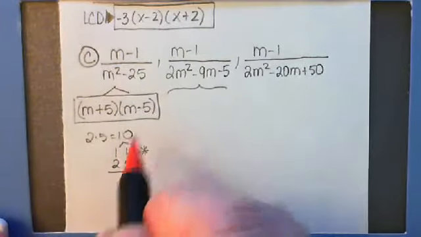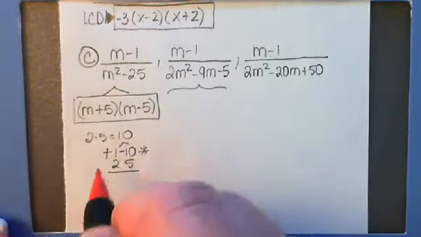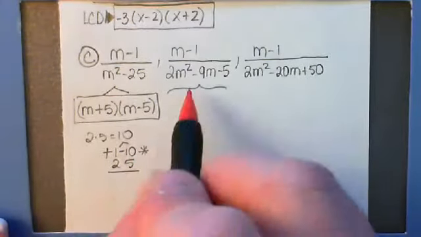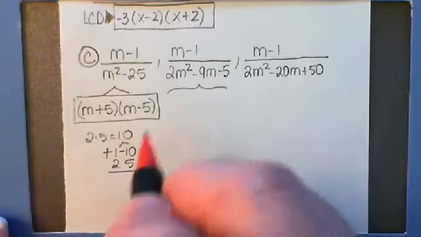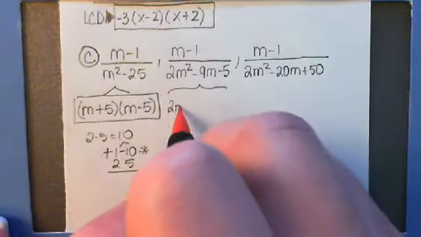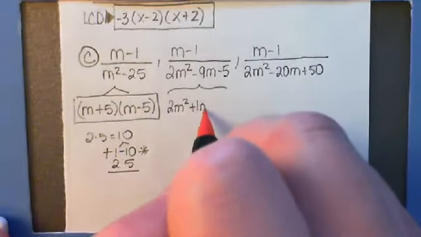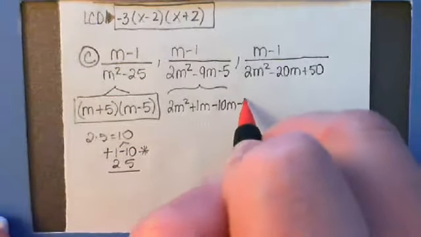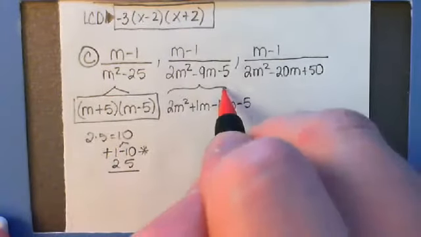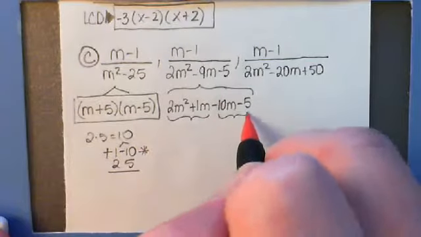Sign of the biggest will be the same sign as the middle term. So that means the 1 has to be positive, because negative 10 plus 1 will give me a negative 9. Alright, so that means I copy the first term, 2m squared. I break down negative 9 as 1m minus 10m. And I bring down negative 5. Okay, now I'm going to group them in pairs.